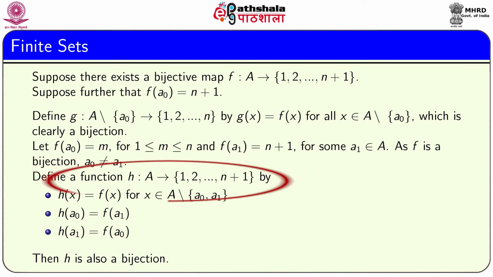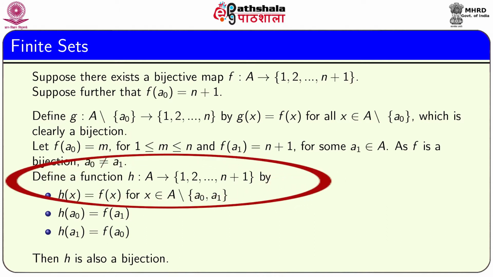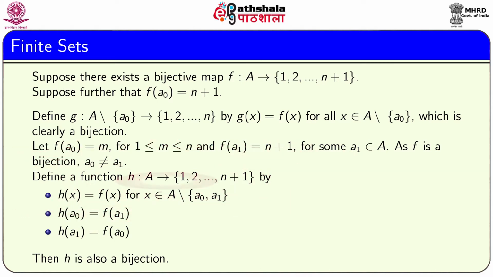Now, define a function H from capital A to the set 1 to n plus 1 by H(x) equal to F(x) for x belonging to A minus {A0, A1}, H of A0 equal to F of A1, and H of A1 is equal to F of A0.